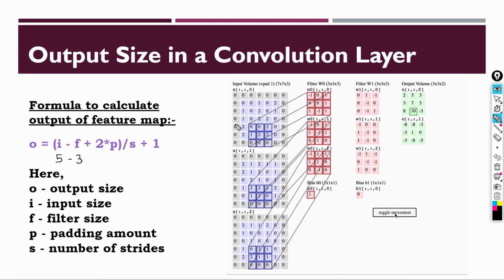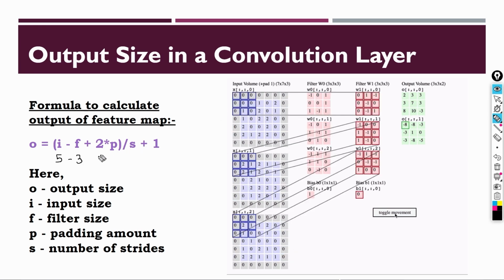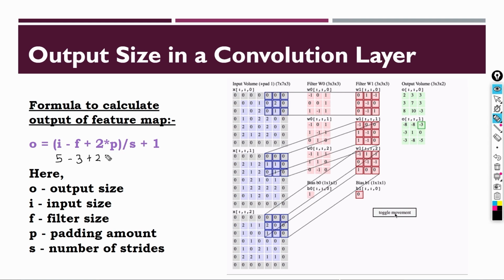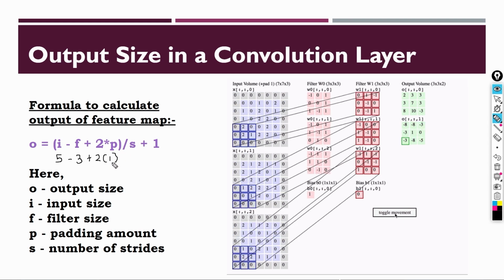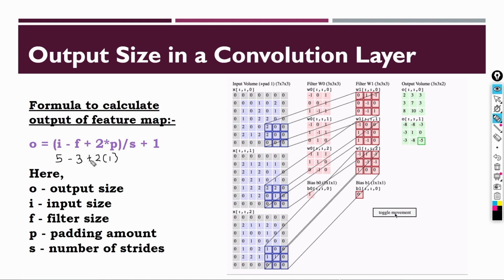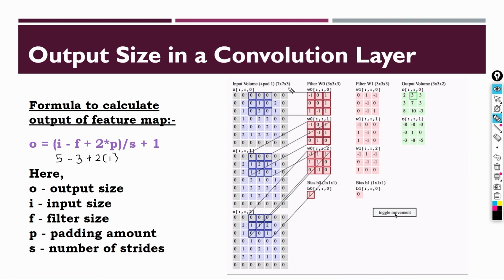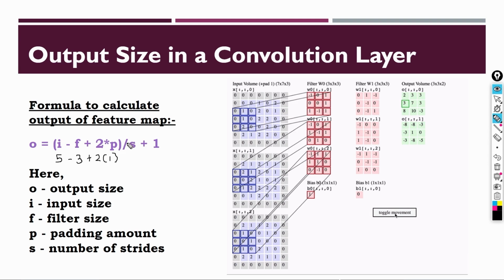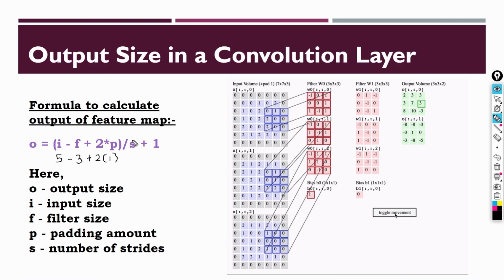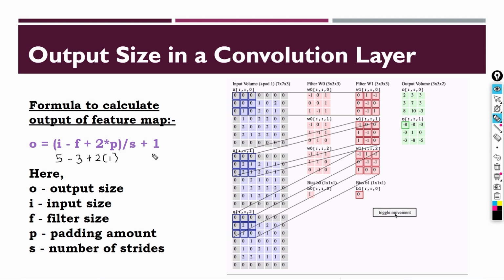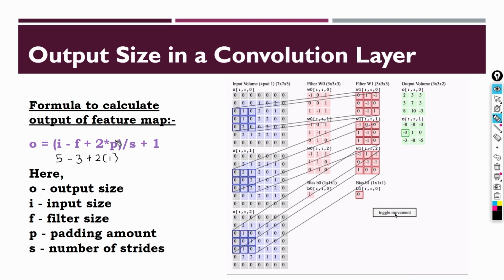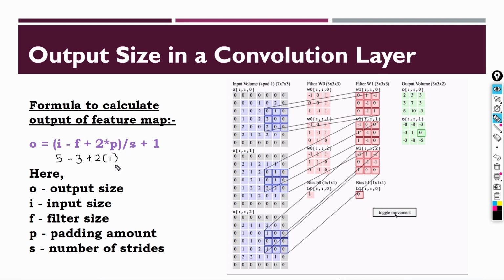Then there is one padding layer on top of the input image, and therefore plus 2 times 1, because one padding layer is there. Now if you do this 5 plus 2, that's how it becomes 7. But we are not giving this I plus 2P together, we are giving it separately. So always keep in mind that I is the actual shape of the input image, and then you give the extra padding layer like this.